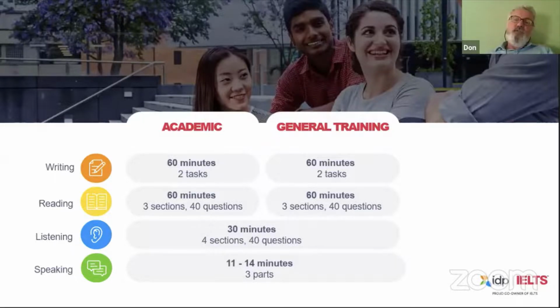It's used for gaining registration as a doctor or nurse or accountant in an English-speaking country. The general training is often used for vocational courses or to show an employer that you are able to speak English. It's also used for immigration purposes, but so is the academic.